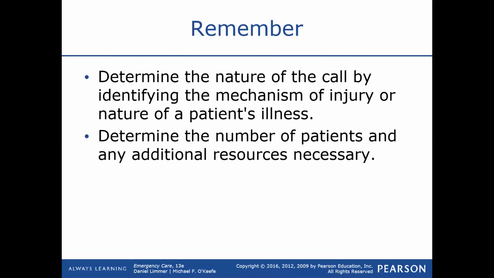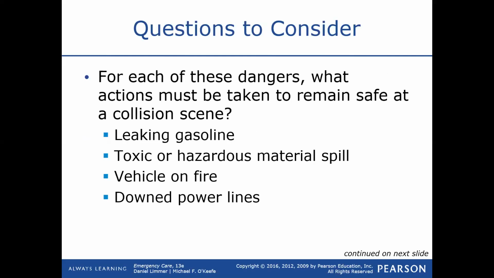Determine the nature of the call by identifying the mechanism of injury or the nature of the patient's illness. Determine the number of patients and additional resources necessary. Just a couple of questions for you to consider. For each of these dangers, what actions must be taken to remain safe at a collision scene? You respond to leaking gasoline. What precautions do we need to take?